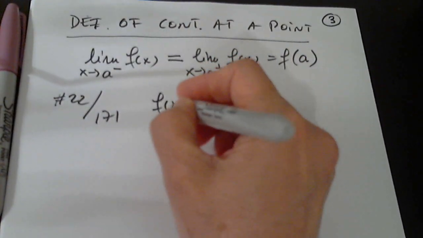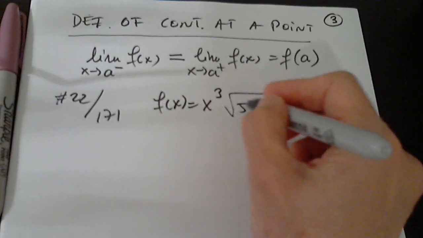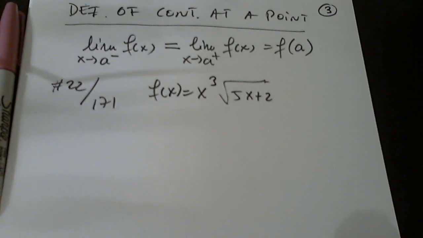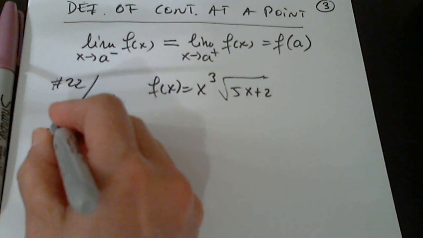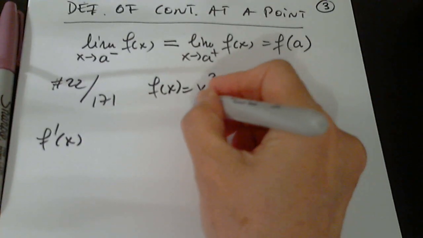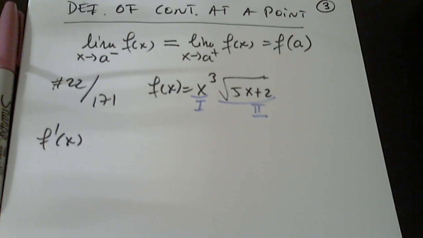This is f of x equals x to the third multiplied by the square root of 5x plus 2. Is this the one? Yes. Perfect. So we want to find the derivative. I notice, first of all, that this is a product. So this will be my function 1, and this will be my function 2. So I have to use the product rule.